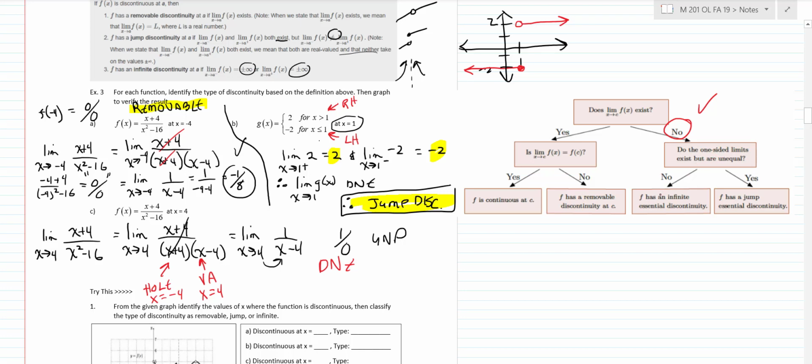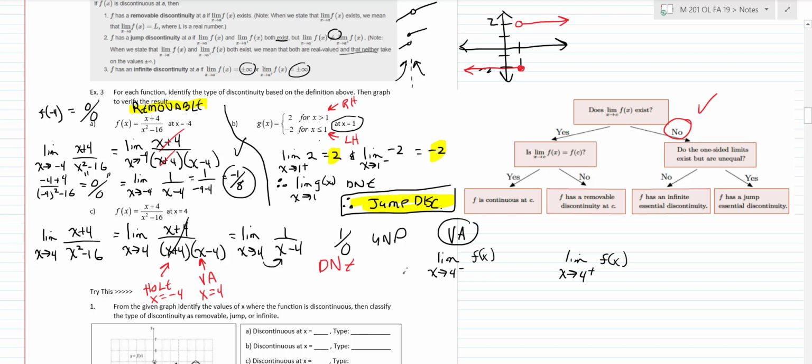Then the question is, do the one-sided limits exist but are unequal? Well, when you get into the infinite part of this, you have a vertical asymptote. You know that for a fact. So if you're going to do the limit as x approaches 4 from the left-hand side, you could use test points. And if you were doing the limit as x approached 4 from the right-hand side, again, you could just do test points.